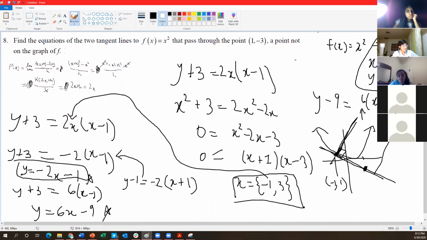If you simplify this out, it should be the same as the earlier equation, because it's the same tangent. I just rewrote it in terms of this point. Now, like you were saying, you take the opposite reciprocal. So this would become y minus 1 equals one half times x plus 1. Then you simplify this out, and that would be your normal line. Okay, yeah, I think I got it.